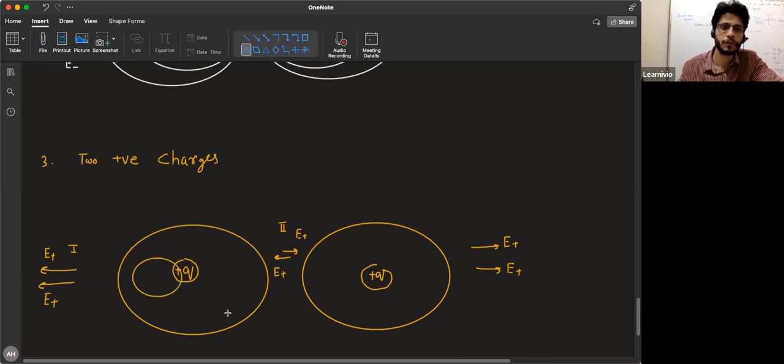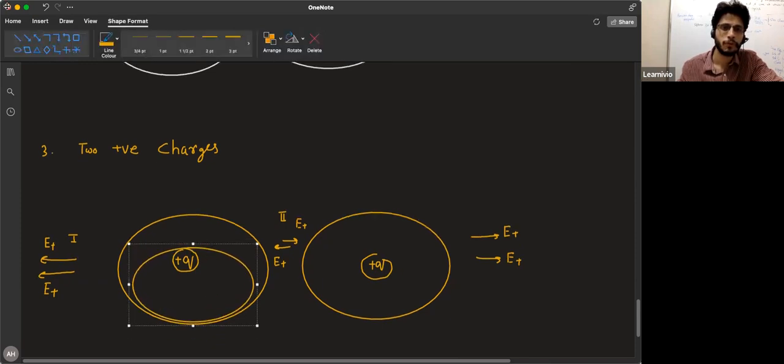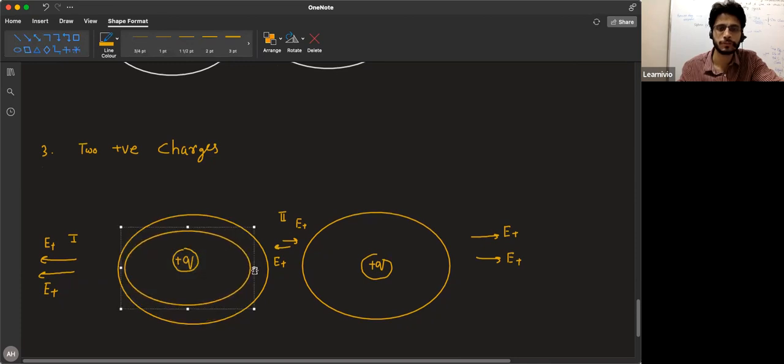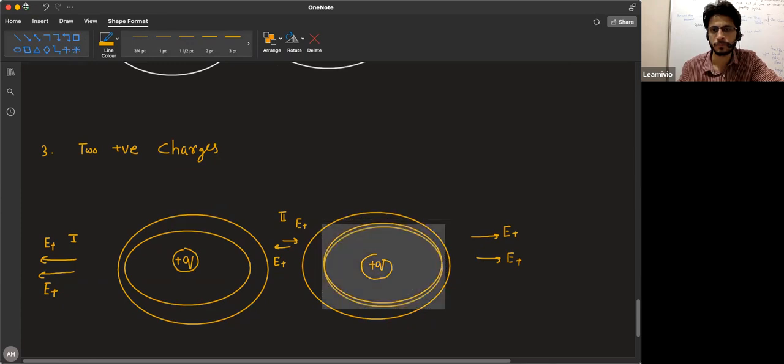So the region where the field is maximum will have equipotential surfaces closer, and the region which has a comparatively weak field will have surfaces comparatively far apart. So in region 3, surfaces are close, so the field is strong.